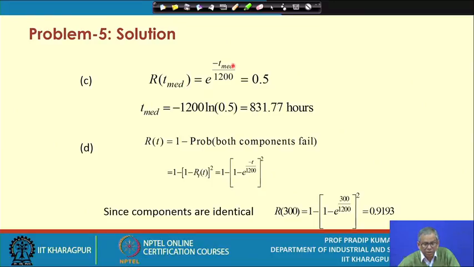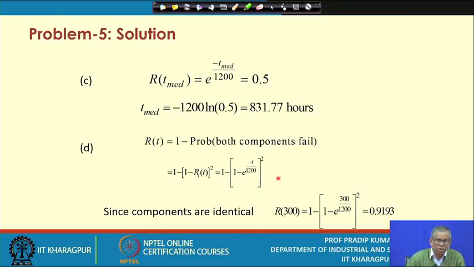What is the reliability? e to the power minus T median divided by 1200 equals 0.5, since the median time to failure is defined where reliability is 0.5. So the corresponding time is 831.77 hours.